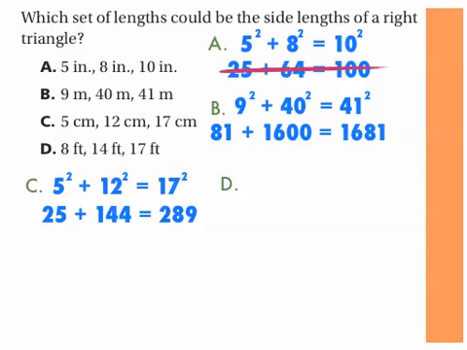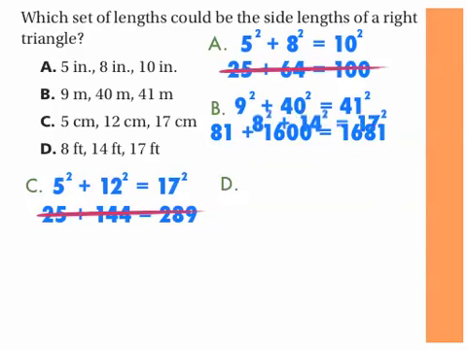So they're trying to trick you with C, because when you don't square them and you just say 5 plus 12 equals 17, that's true, but that's not the Pythagorean theorem. That doesn't tell us that it's a right triangle or not a right triangle. So just be careful and don't let them trick you. That's something that you'll see a lot, is an example like C, but that is not a right triangle.